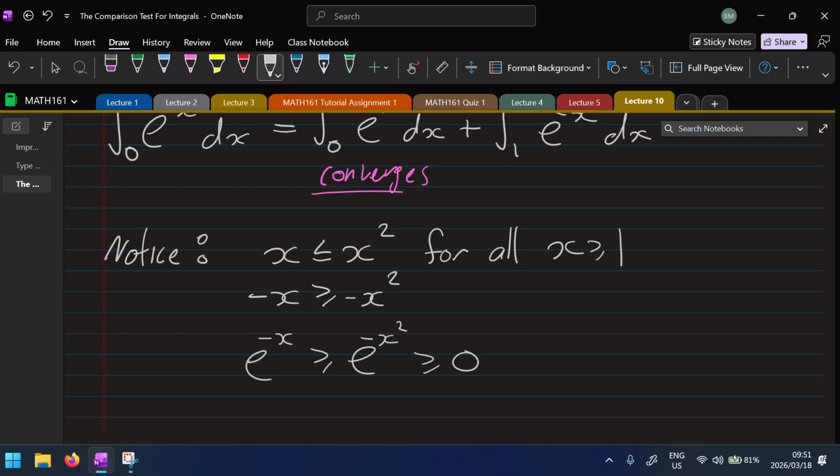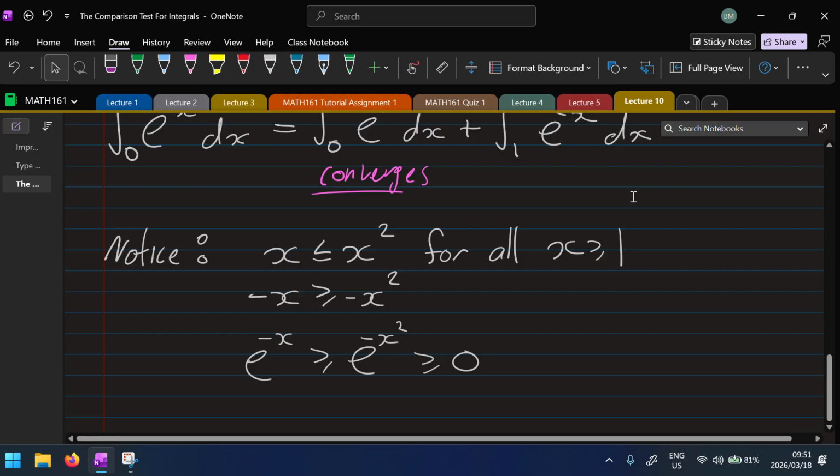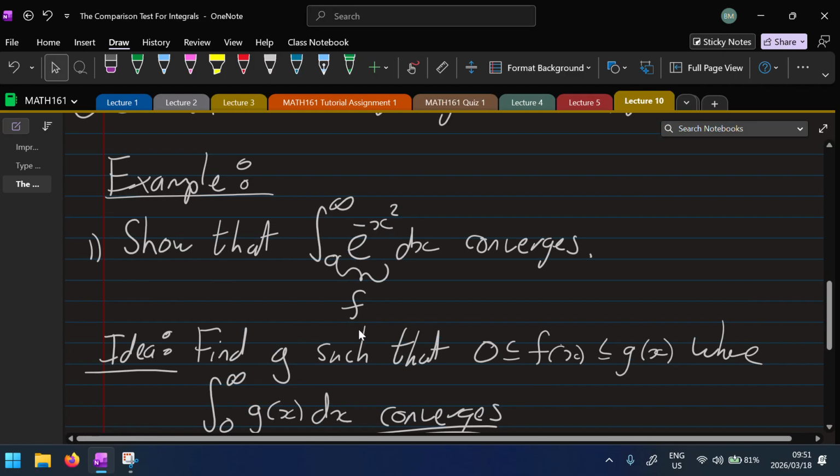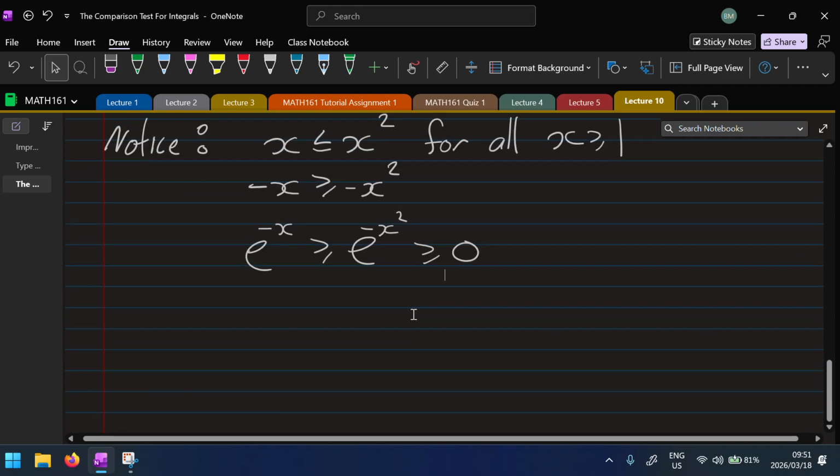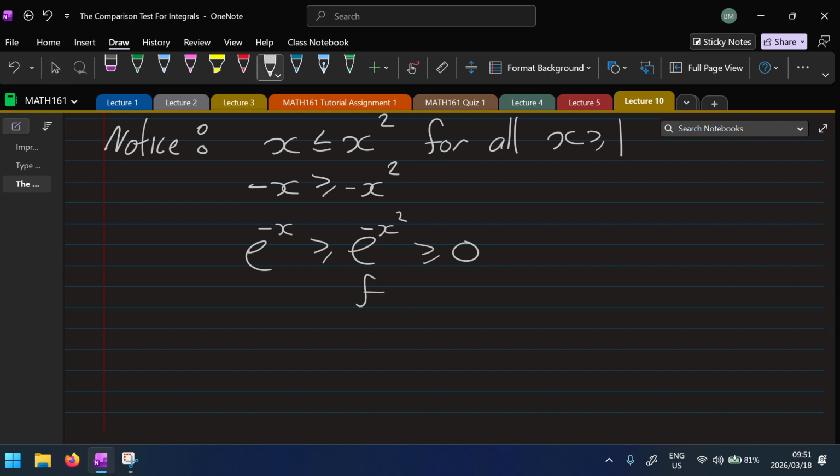So what do we have in the middle? e to the minus x squared. That's our f, right? And this e to the minus x, we're going to call that g. So we have found a g that is larger than f on that interval.